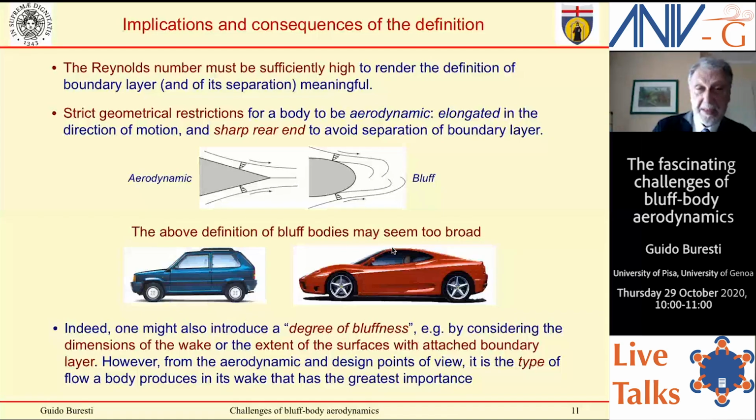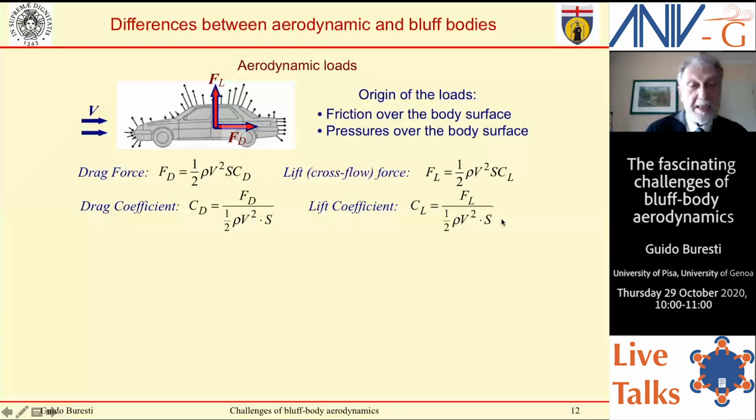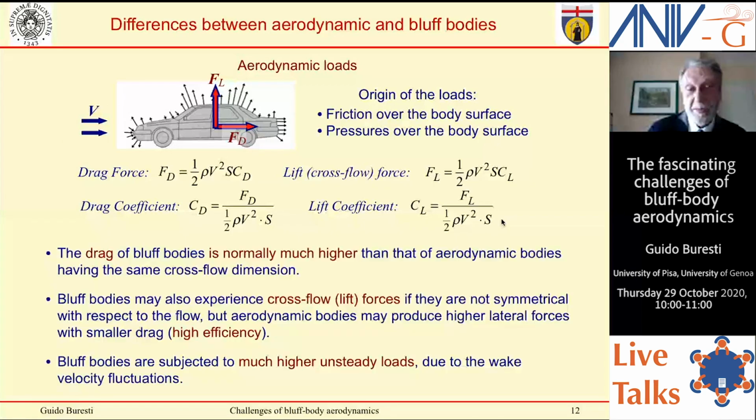This is just to remind you of the definition of the load coefficients. Obviously, rho is density, V is velocity, S is a reference surface. And now, the drag of bluff bodies, this is the important point, is normally much higher than the drag of aerodynamic bodies having the same cross-flow dimension.